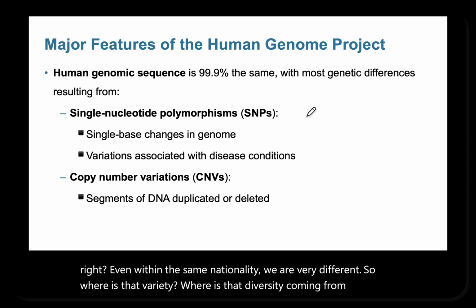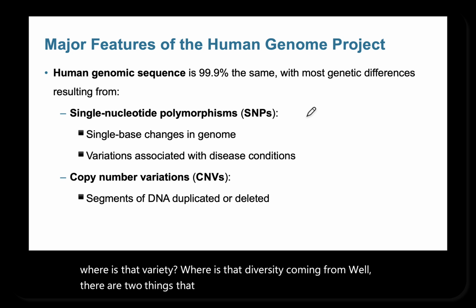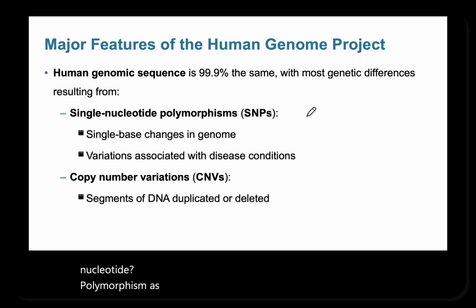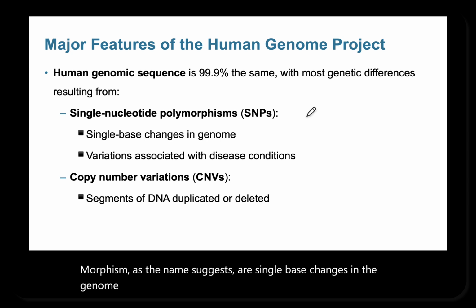Well, there are two things that happen that contribute to that diversity. One is the single nucleotide polymorphism. What is that? Single nucleotide polymorphisms, as the name suggests, are single base changes in the genome. Those are the point mutations that we discussed in previous classes.